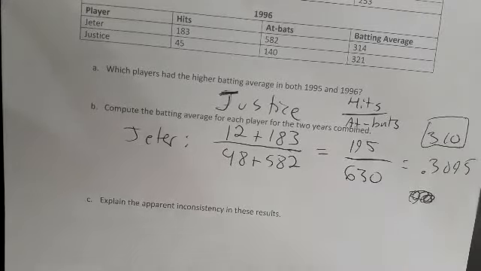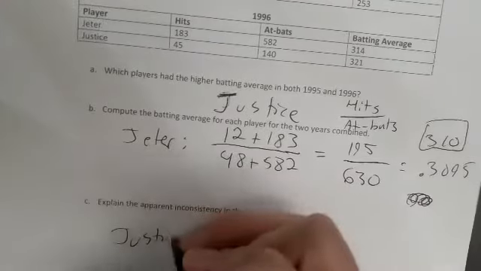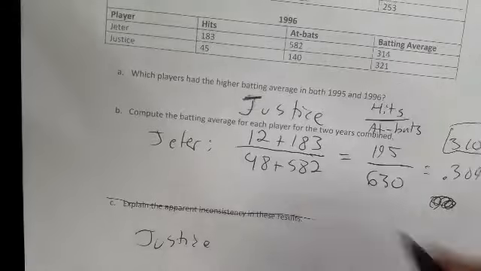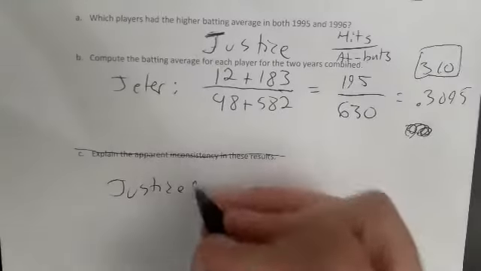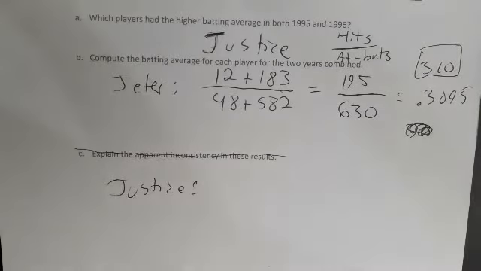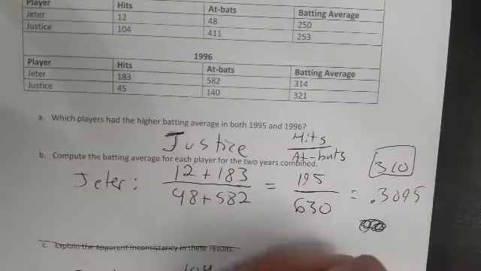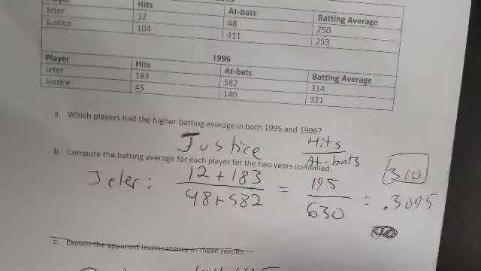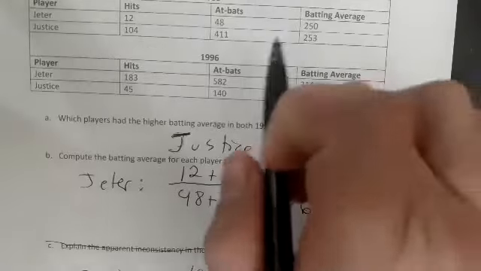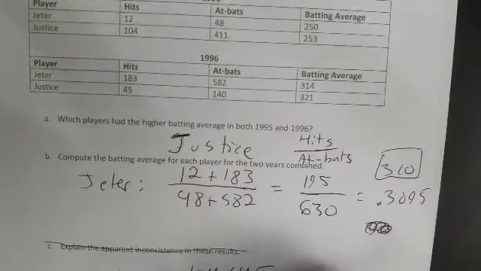Justice, and I got enough room to write it down here. I'll answer C in just a second. Justice, we're going to do the same thing. So we're looking at his hits. He's getting 104 here, and he's getting 45 over here. His total at-bats are 411 and 140.